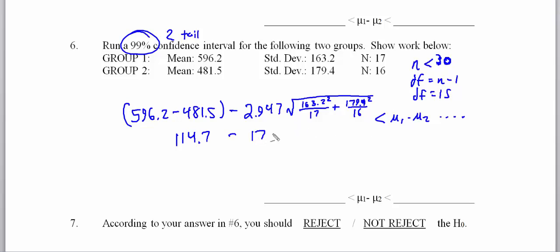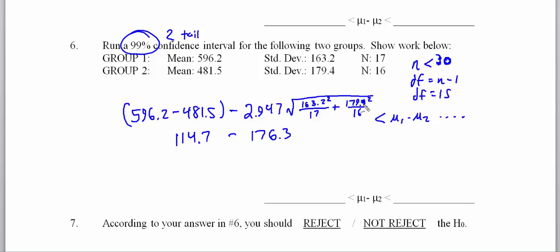And again, if you have technical difficulties and you can't get 176.3, I strongly recommend that you use parentheses more, like 2.947 square root, which gives you a parenthesis. Then put a parenthesis of 163.2 squared divided by 17, close it off, then add, and then start another parenthesis.